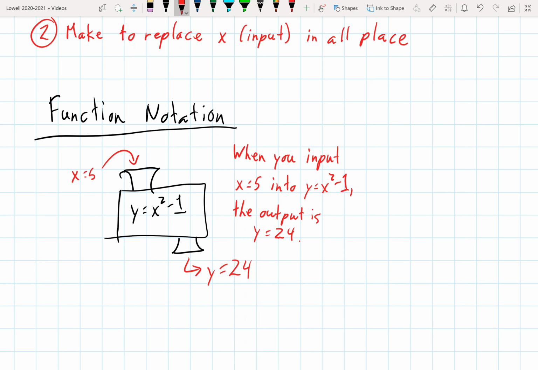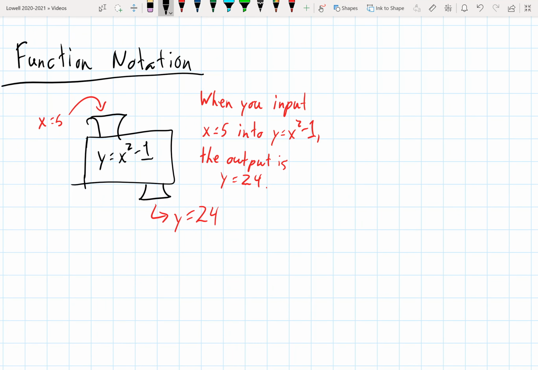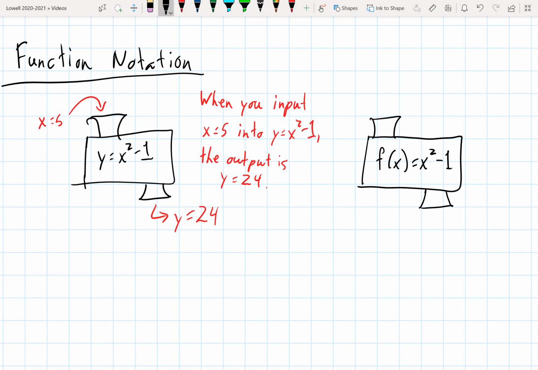Alrighty, here's a faster way to say it that mathematicians have figured out. Instead of saying y equals x squared minus 1, I'm going to say f parentheses x equals x squared minus 1. Bear with me.